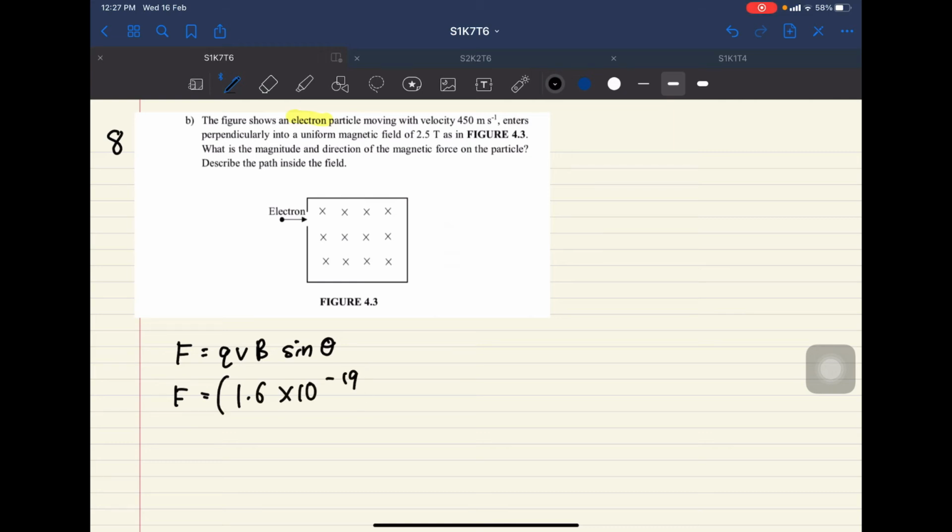Then the velocity here is 450, given in the question. And the value for B is 2.5, again given in the question.